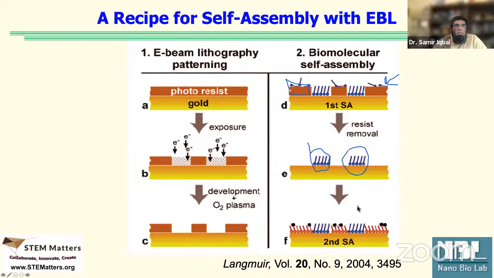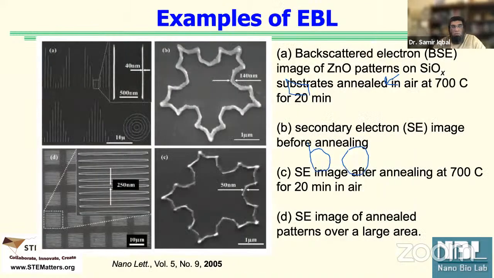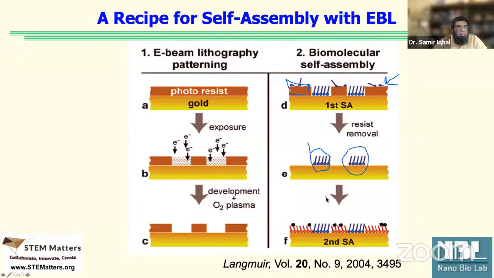The red molecule is probably the one which is not supposed to bind to whatever we are looking for. So the blue is making the feature, and then the red is another molecule that's placed on the same chip, right? Just a basic example. I just took that part where it showed highlighted E-beam lithography.